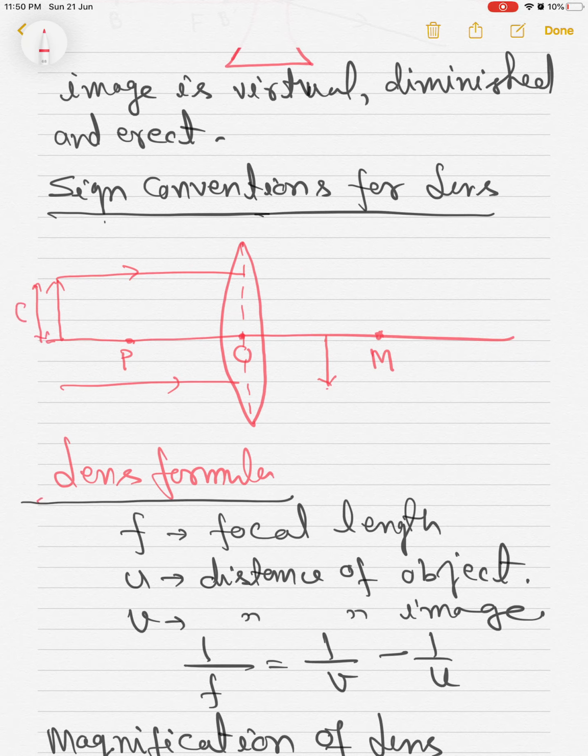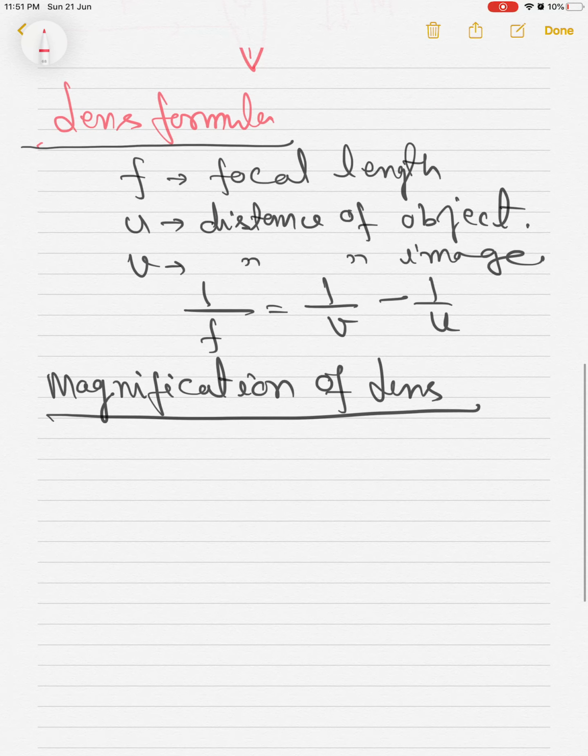Let O be the size of the object and I the size of the image. So, magnification denoted by m is equal to I upon O, and magnification is also given by v upon u.